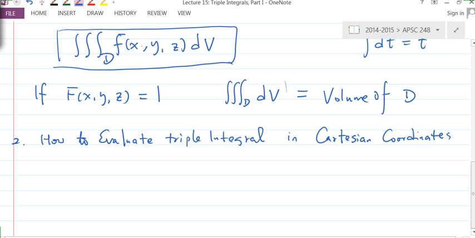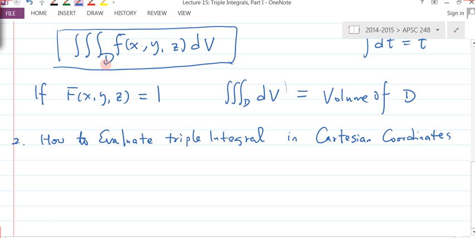Bear in mind that for integration, it doesn't matter how many integrals you have, whether a single variable, double, triple, or more. What you need is to scan through the region you're integrating over.